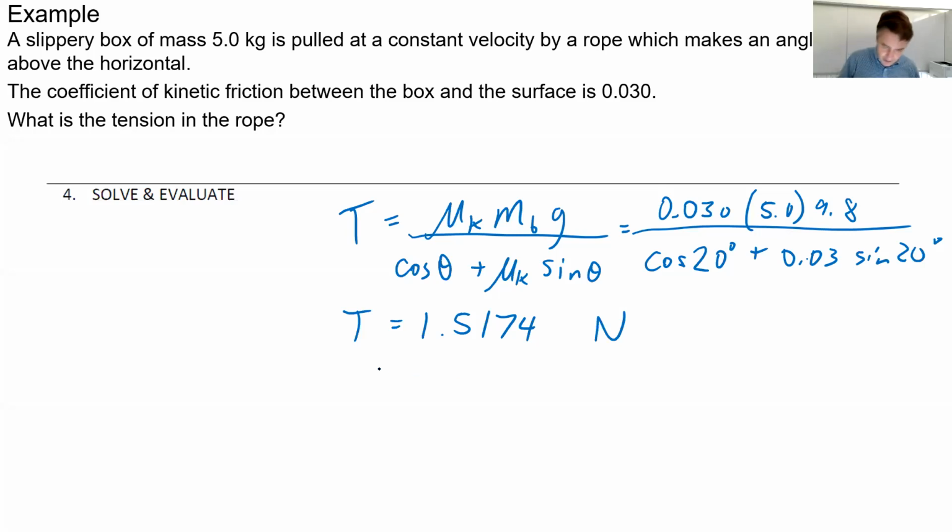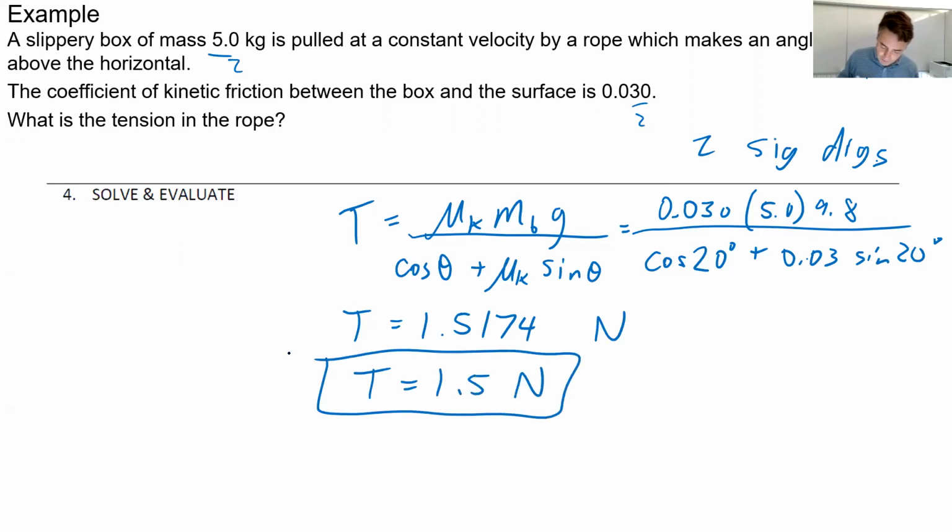Don't forget significant figures: this is 2 sig figs, or significant digits. So I would round this off to T equals 1.5 newtons. Put a box around it. I will notice that this is a small force. 1 newton is a very small force.